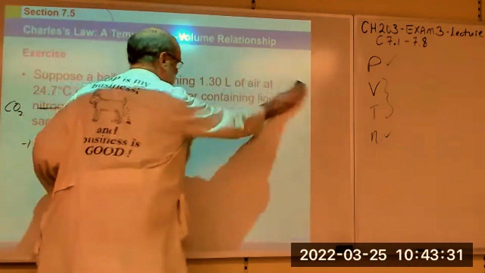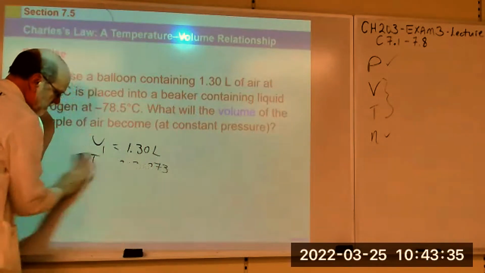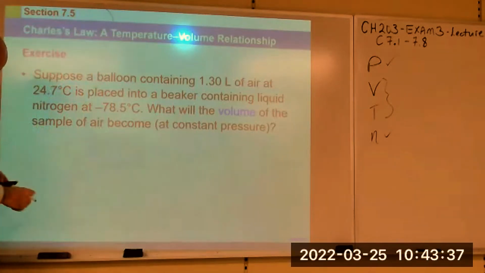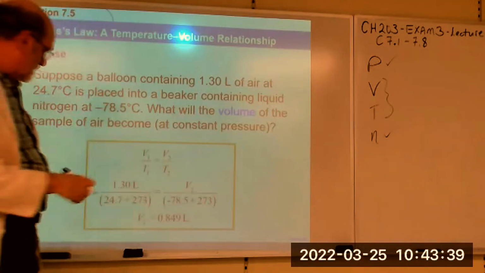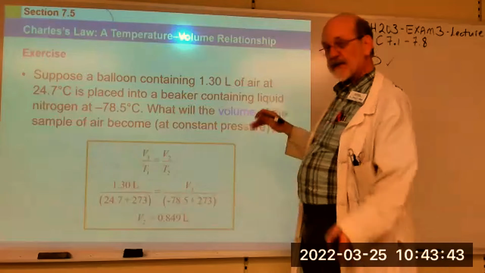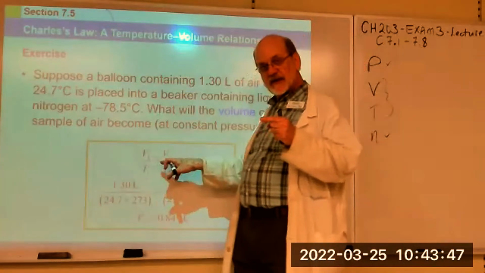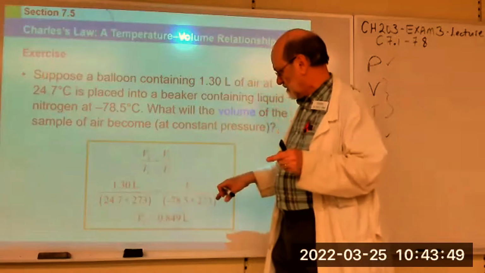I think there's more to this slide here. So let me get this out of the way. There we go. So once you've got your data assigned to the variables, then you can plug it in the equation.